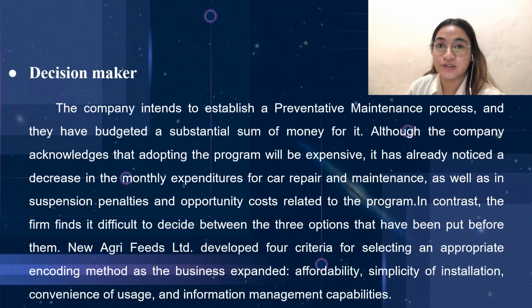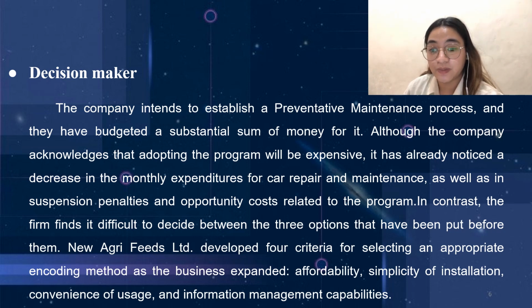Third is the decision maker. The company intends to establish a preventive maintenance process and they have budgeted a substantial sum of money for it. Although the company acknowledges that adopting the program will be expensive, it has already noticed a decrease in the monthly expenditures for car repair and maintenance, as well as in suspension penalties and opportunity costs related to the program.